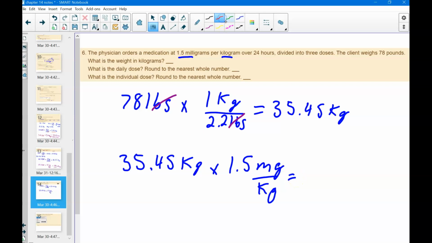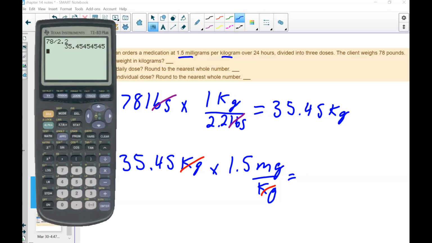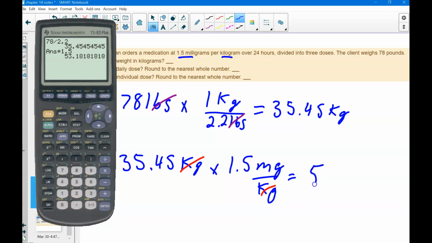Notice how kilograms will cancel. So it's 1.5 milligrams per kilogram over 24 hours in 3 doses. So multiplying those two numbers, times 1.5, that gives us 53.18 milligrams. That will be our daily dose.